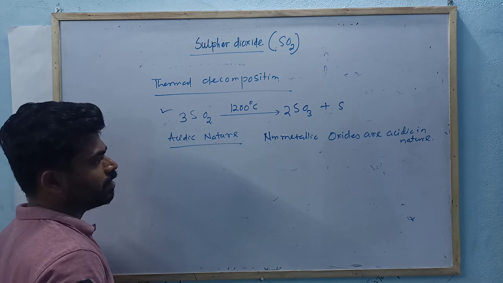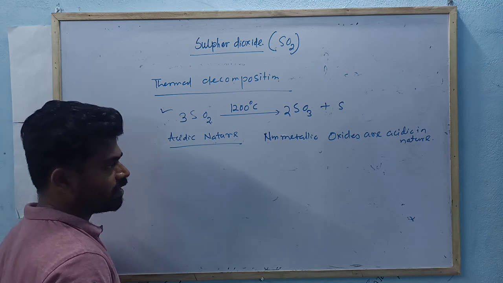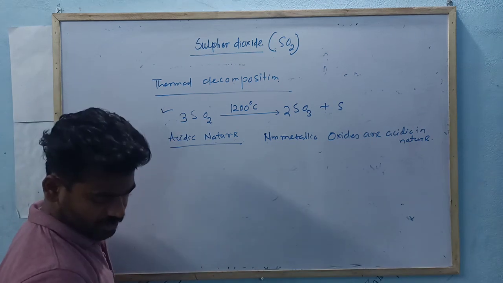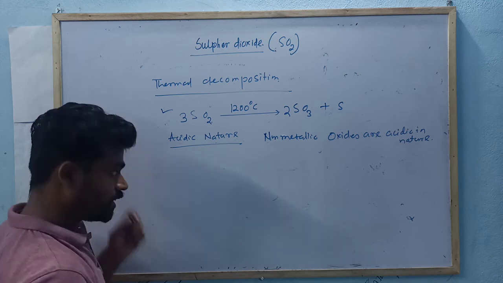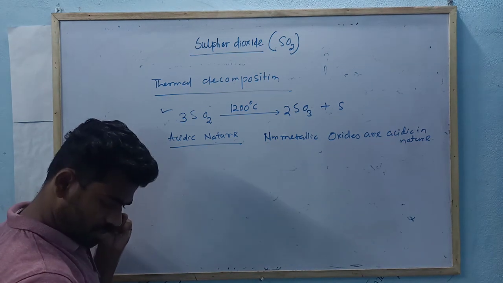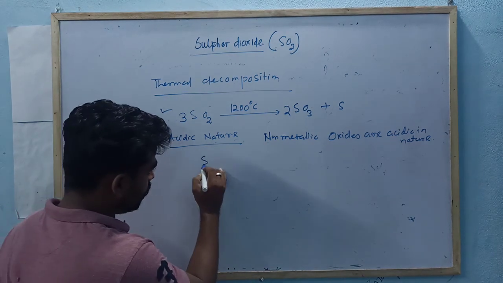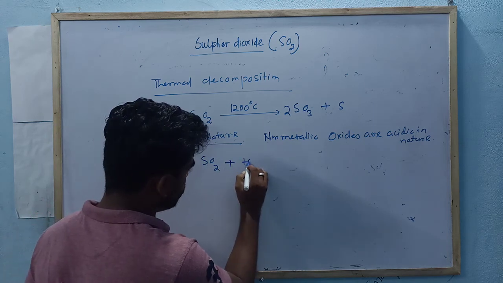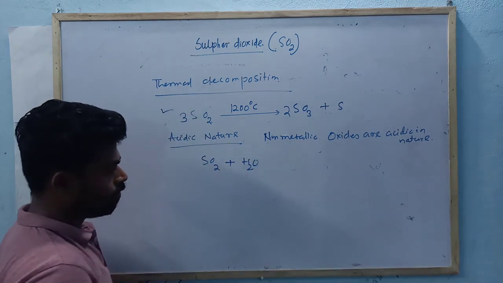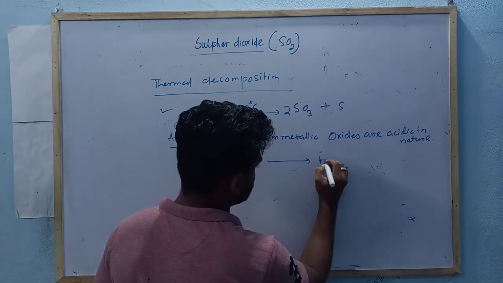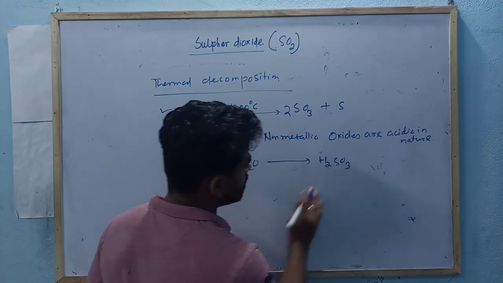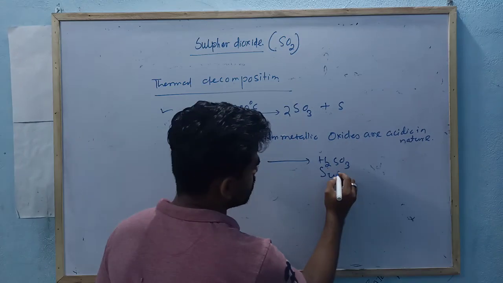Sulfur is a non-metal, so that's why its oxide, sulfur dioxide, is acidic in nature. How can we prove that this is acidic in nature? Because whenever sulfur dioxide comes in contact with moisture, meaning interacts with water, it will form H2SO3. This is called sulfurous acid.